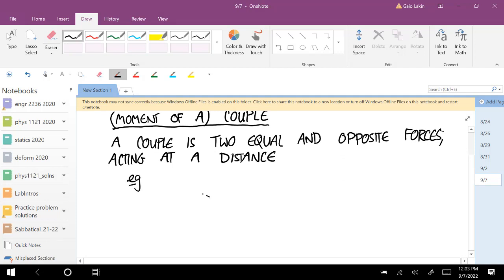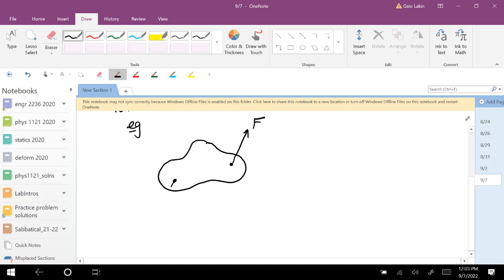So for example, if this is a body and you have a force F going this way and a force F going this way, that's a couple. They're parallel to each other and acting in opposite directions.